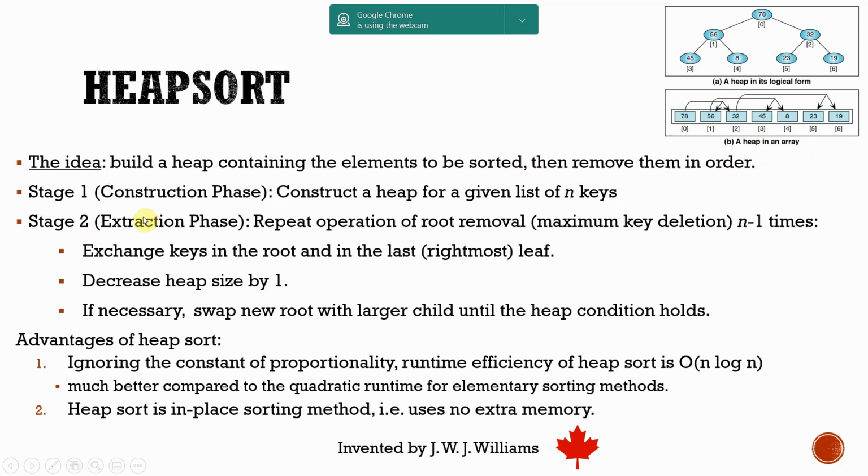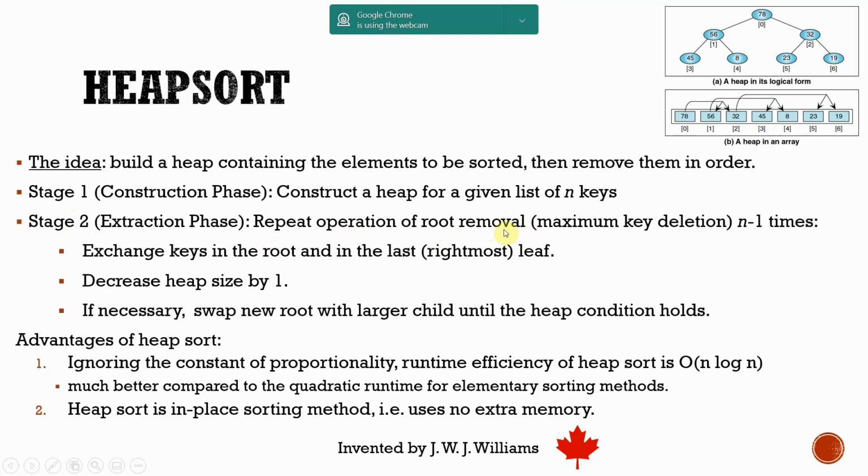So stage one of the heap sort algorithm is constructing a heap for a given list of n key values that we have in an array. And then the second stage, which is called the extraction phase, we repeat the operation of root removal.